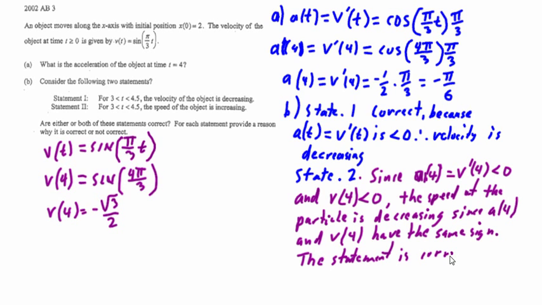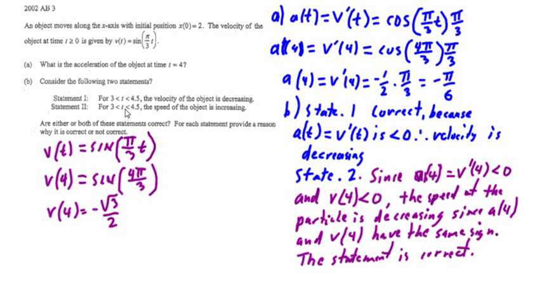Now, I think this was a calculator problem. We could have graphed and seen between 3 and 4.5, but we were fortunate to have already worked out the acceleration at t equals 4 and found that negative, and we found the velocity quite easily at t equals 4.